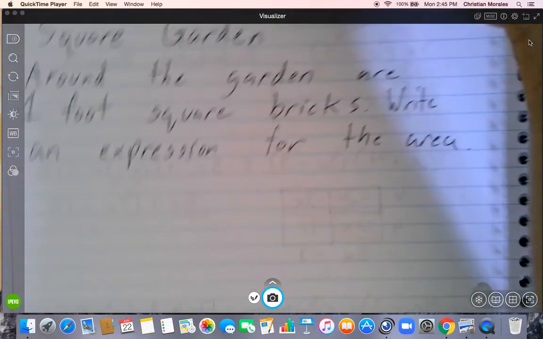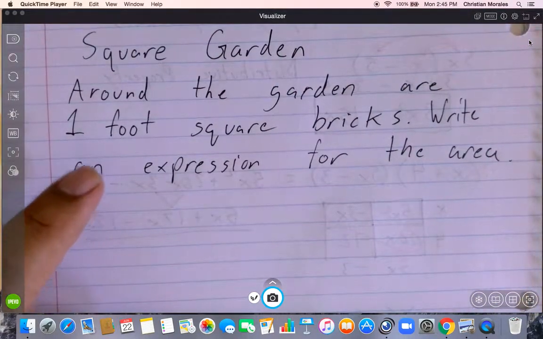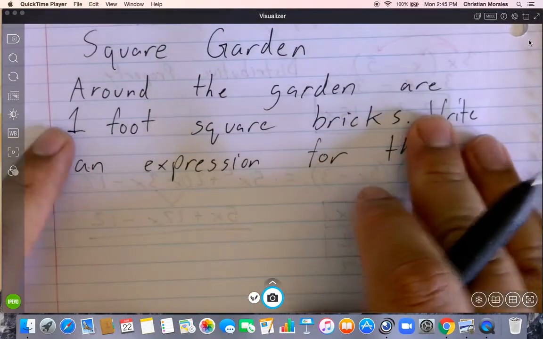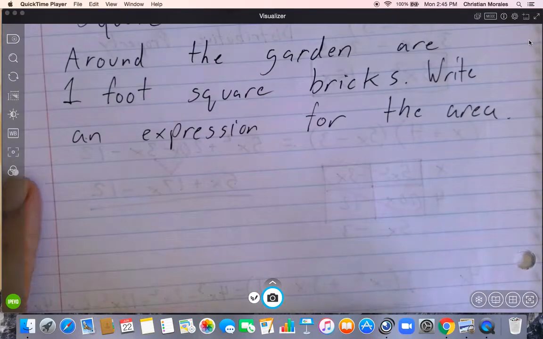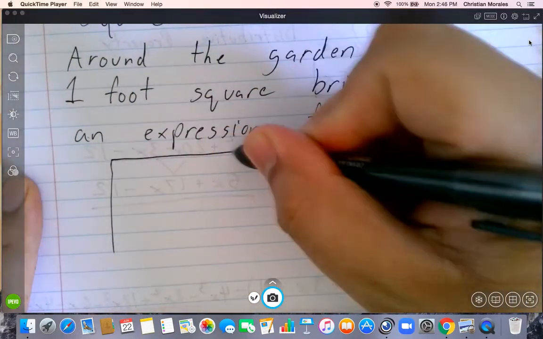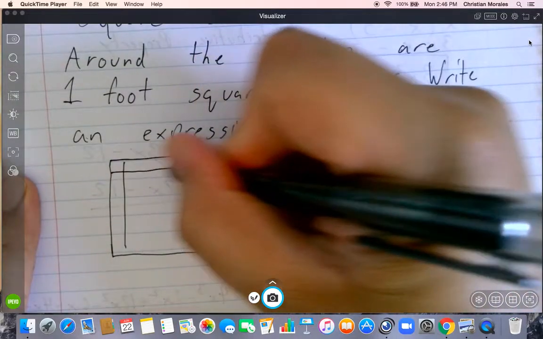Now the last thing I'm going to show you is a word problem that uses one of these cases. So let's say there's a square garden, okay? And around the garden there are 1 foot square bricks acting as a barrier. So if you draw that, you'd have a garden, but then you have these bricks all around it that are 1 foot long.